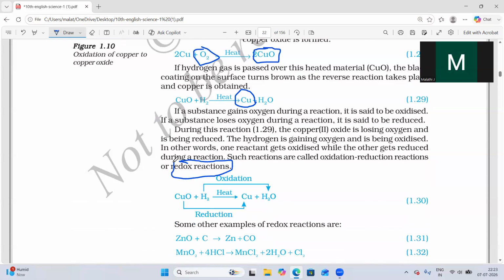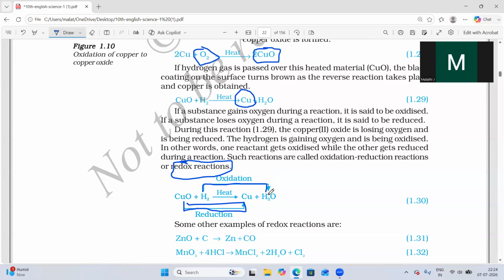If you observe the example below, there is a removal of oxygen, or loss of oxygen, from the copper oxide, and you get only copper. If you see above this one, there is an addition of oxygen. Here we have only hydrogen on the reactant side.